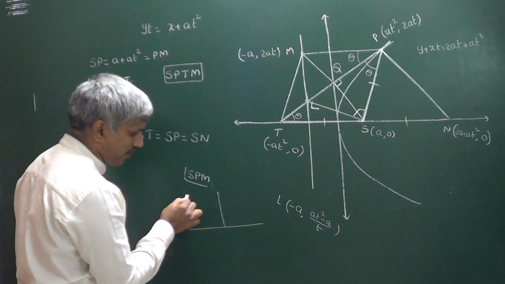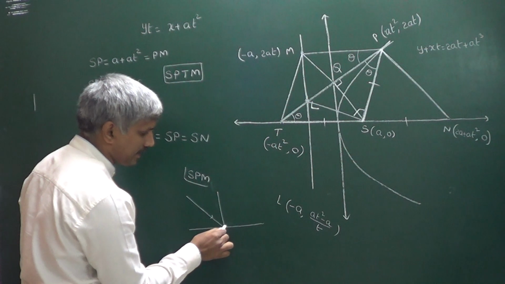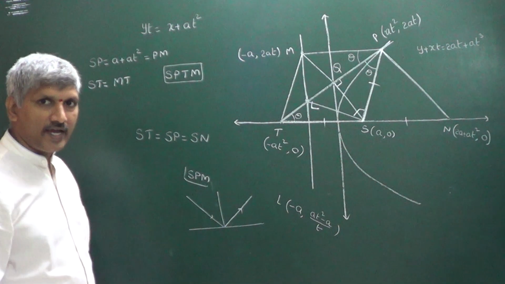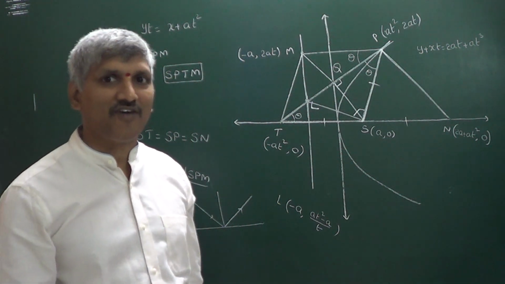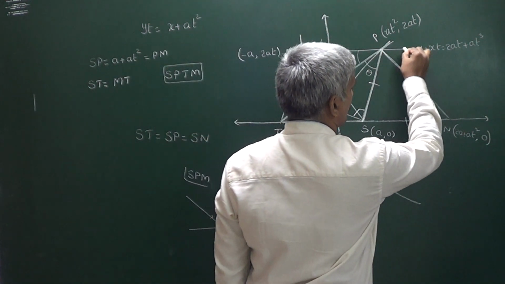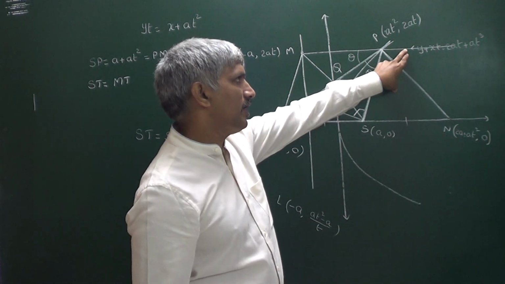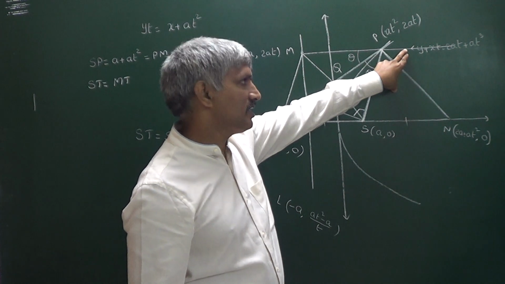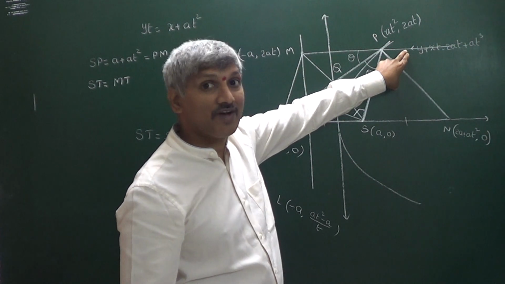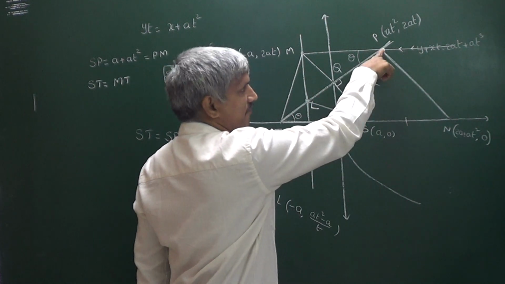This is a ray of light incident on this and its reflection. Angle of incidence is the same as angle of reflection, or not? So that's why a ray of light traveling along a line parallel to the axis of the parabola gets reflected.